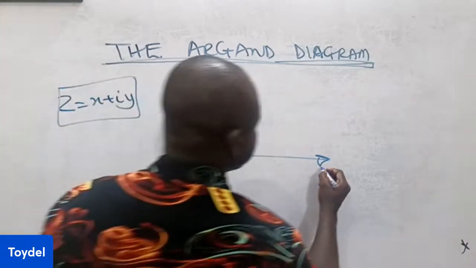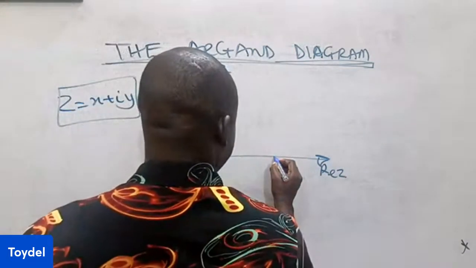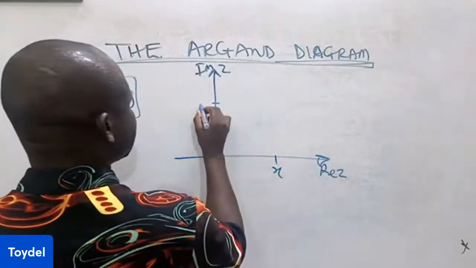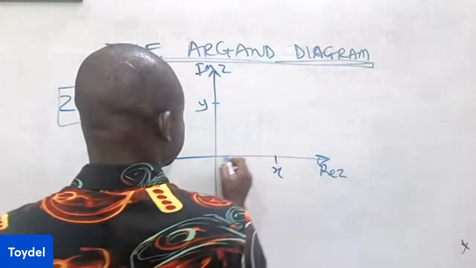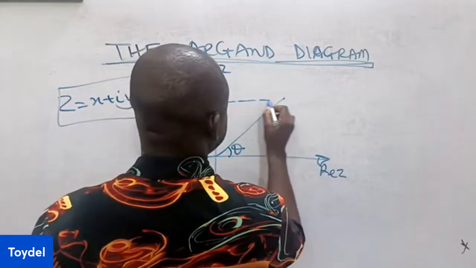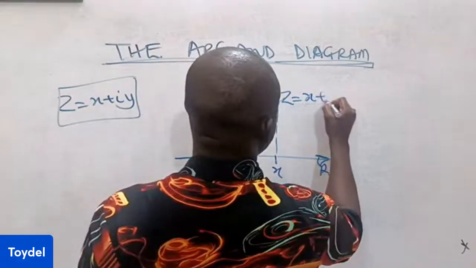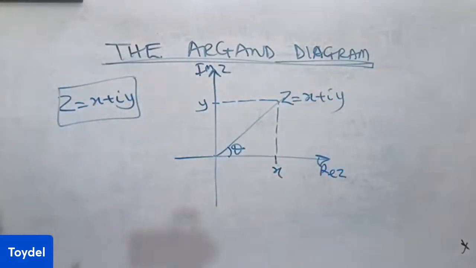So this is the real part, the real part of Z. Here will be x, here will be y. And if we say this is theta, we can trace it to this place. So Z is equal to x plus iy, which simply means that x is the real part and y is the imaginary part, because of the i beside it.